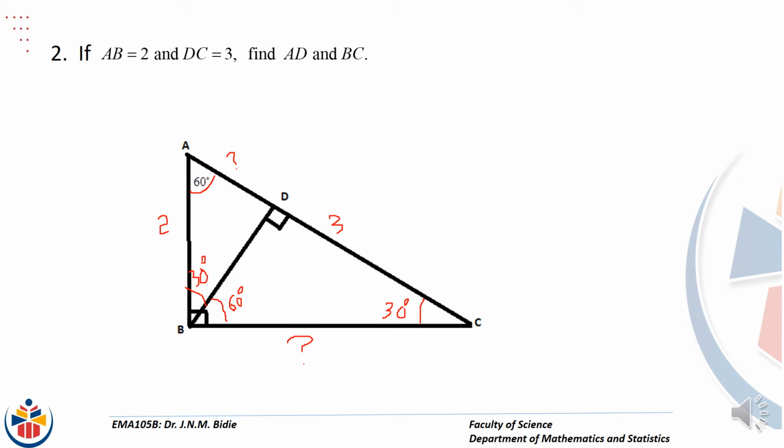You've got here triangle ABD and you've got triangle CBD, or you may choose triangle ABC and triangle CDB or triangle ABD. So choose the one that is most suitable, that will be able to give the side AD and the side BC.